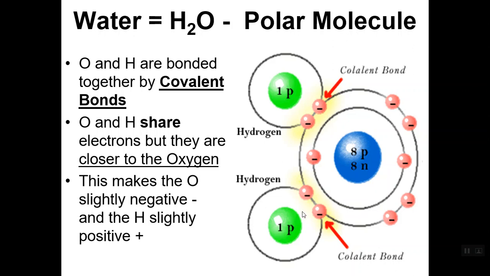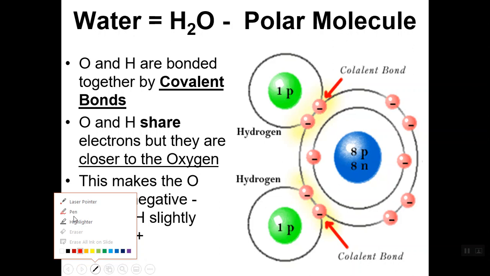Whenever 2 atoms share electrons, that's called a covalent bond. Ionic bonds are when you just give and take electrons. We're not going to have too many of those here in bio. Most of our bonds are going to be covalent bonds. So anytime atoms share a bond, those are covalent.